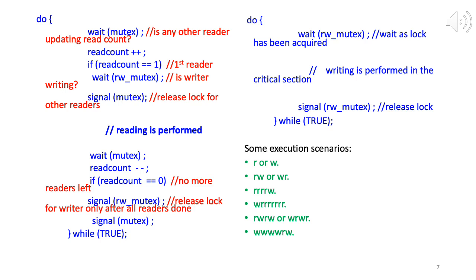So if we have a queue in which readers are waiting and writers are waiting, then we should give it to the reader. Then accordingly you can schedule it.